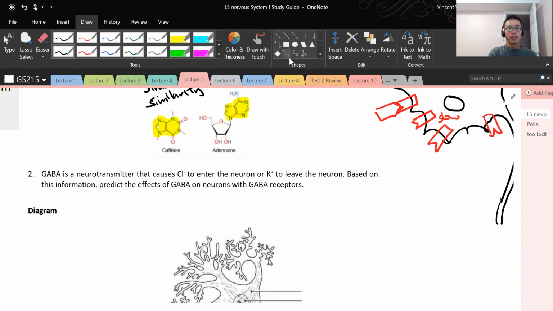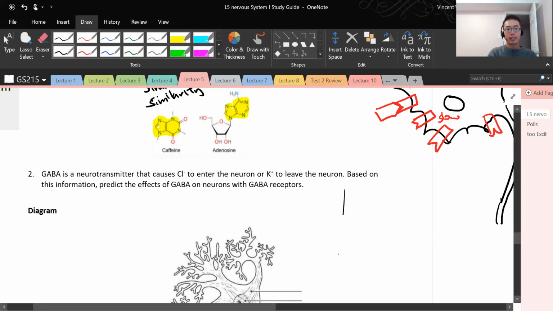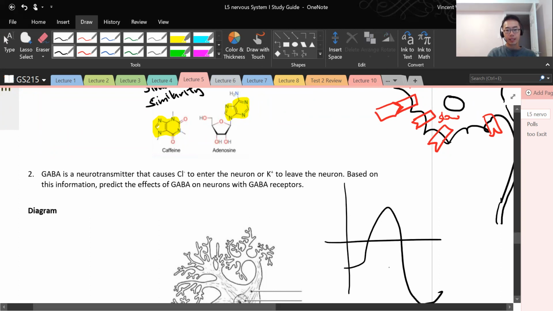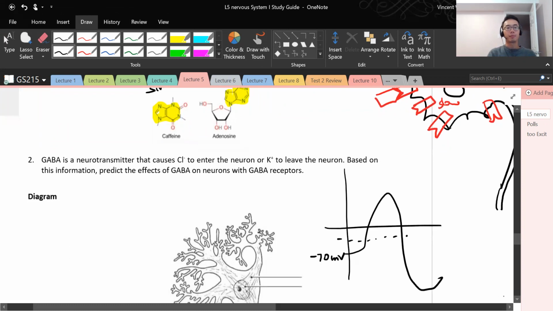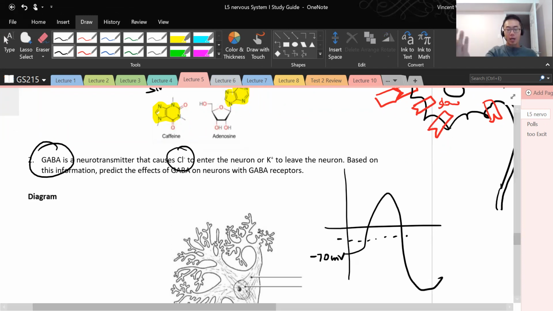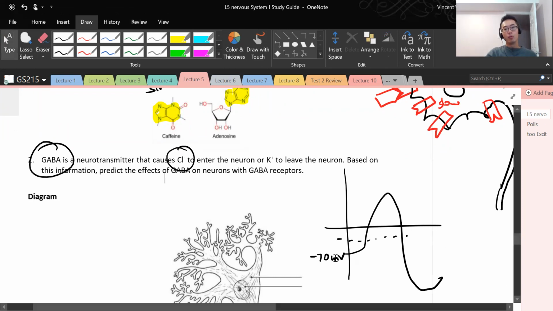Very quickly, we have the graph again. And we have the threshold here. We are sitting at minus 70 millivolts. So tell me, if you have GABA and it causes chloride, Cl minus, to enter the cell, you have to ask yourself, does that make you further away, like more negative or more positive compared to resting?